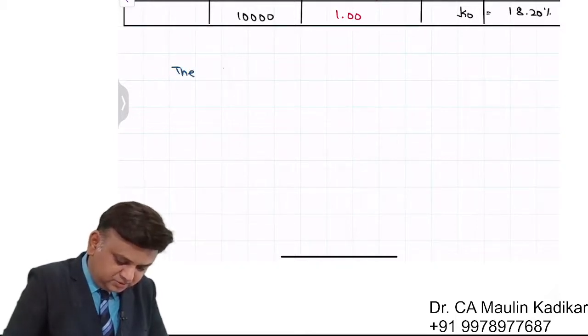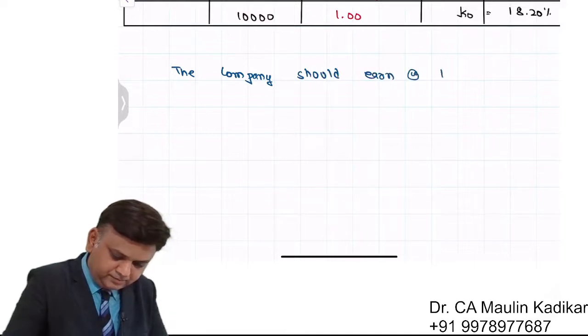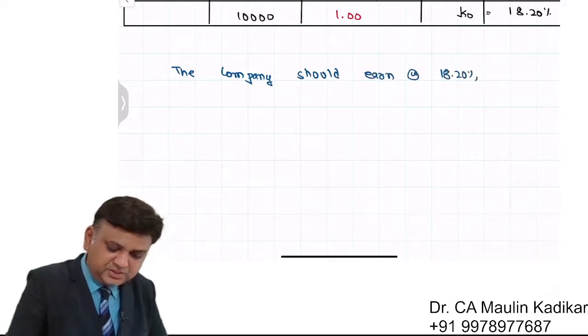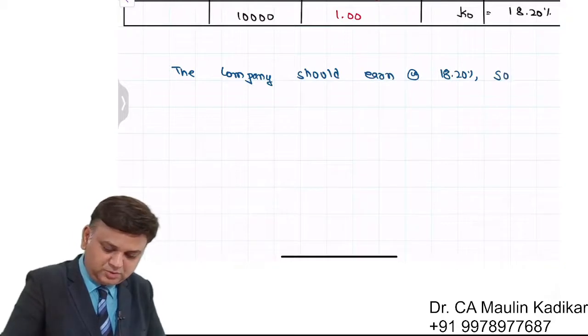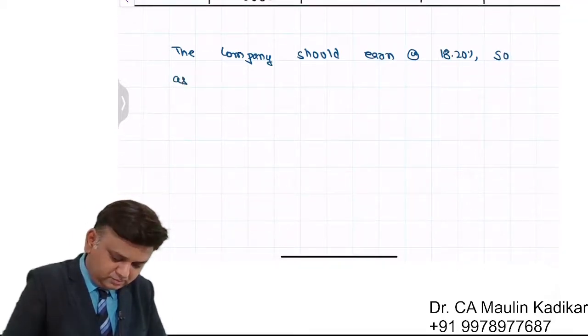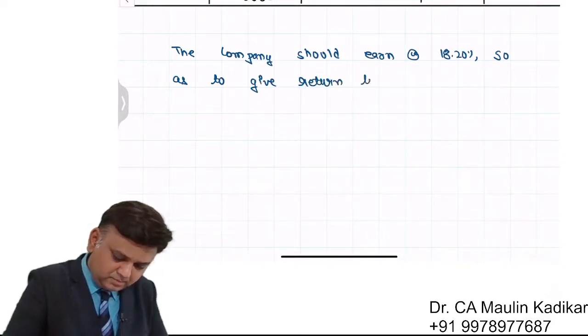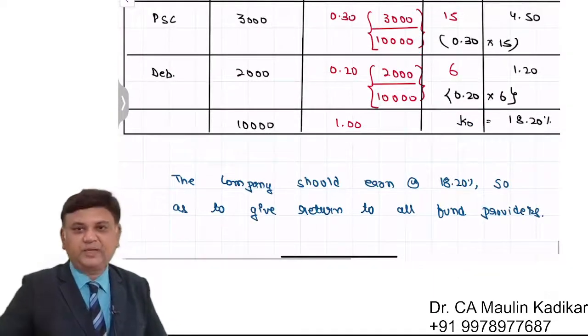The company should earn at the rate of 18.2 percentage so as to give return to all fund providers. That is what we understand.